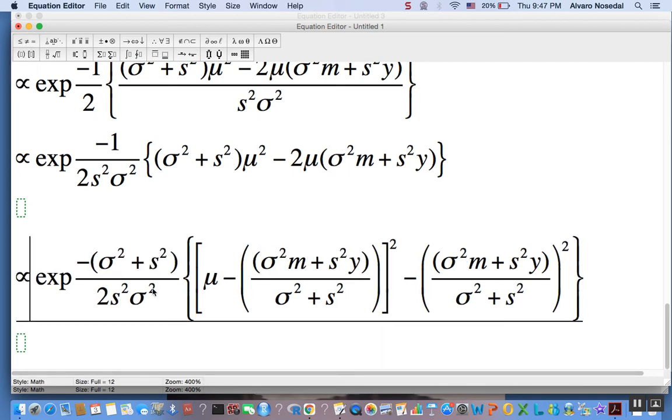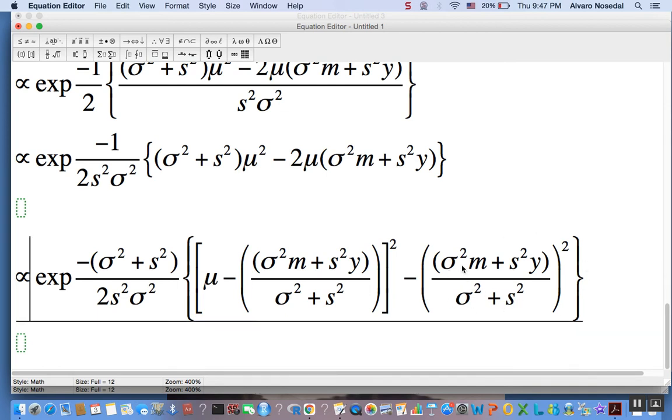We're almost there. We said that basically the main goal was having something that looked like e to the negative 1 divided by 2 times something squared times mu minus something, the whole thing squared. We already have this part. What about the term in the exponent?